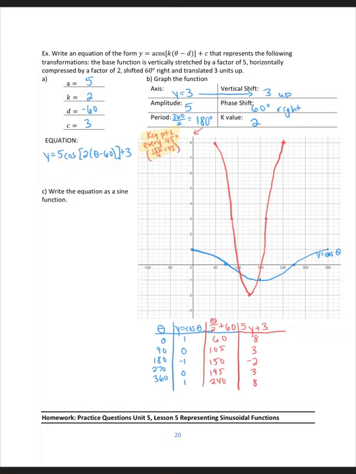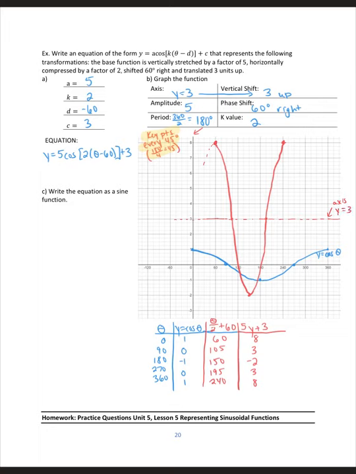So we're just going to follow the pattern of what's happening for my cosine function. So if I wanted to extend my graph to the left, I'm going to go from this point at 60 and 8, and I know I'm going to have to come back down to the axis, right? So I'm going to have to go back down this way. But how far horizontally am I going over? I know my axis is at 3, right? You can see my axis is here. This is our axis at y equals 3.